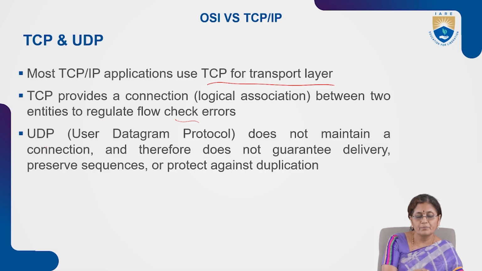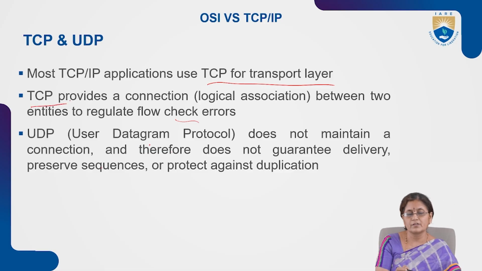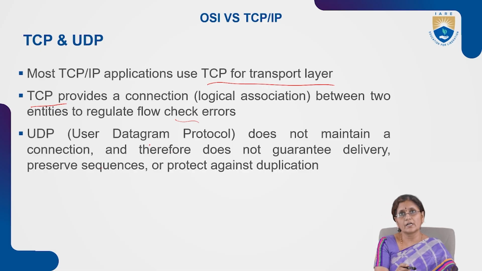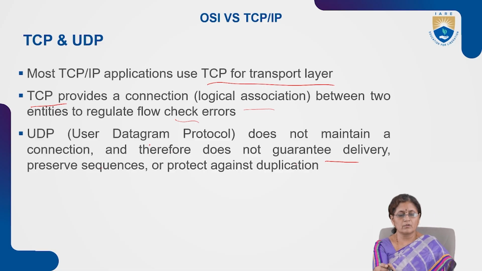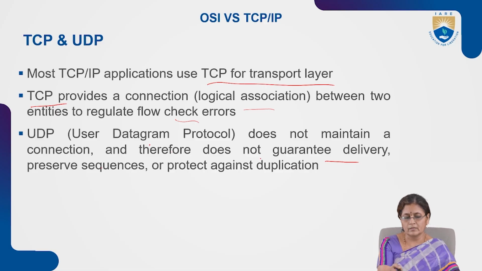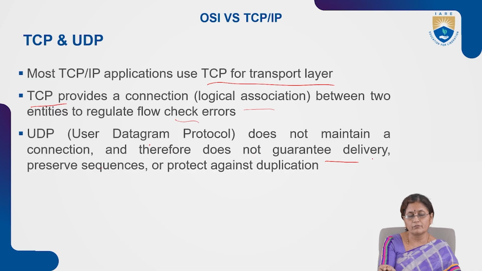UDP is nothing but the User Datagram Protocol. It will not maintain any connection. No connection will be there. This is a connectionless service, and TCP is a connection-oriented service. Here connection means logical connection, and UDP is a connectionless service, and therefore does not guarantee delivery. As there is no connection, there is no guarantee of the delivery of the packets.